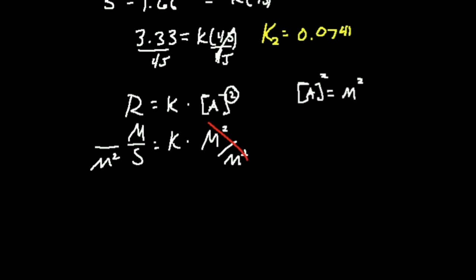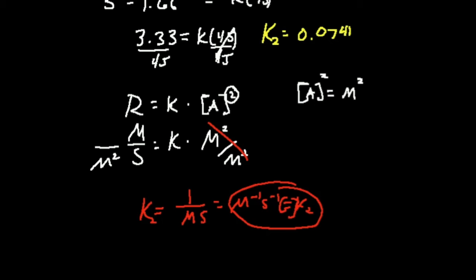Notice this side completely goes away, and so the units for K2, a second order rate constant, are going to have to be molar divided by molar squared, which is 1 over molar, and then over seconds. So this is going to be inverse molar inverse seconds. And those have to be the units for a second order rate constant.